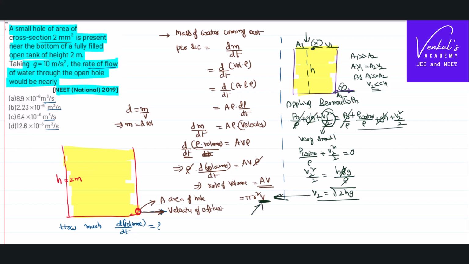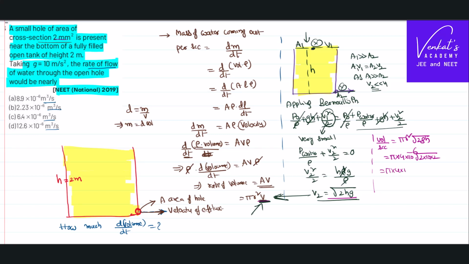Now, I can come to the data. So, rate of flow, volume per second, is pi r square into V, which is root 2 gH. So, pi, radius is given as 2 millimeter, 2 square is 4, millimeter square is 10 power minus 6, 2 g into 10, H is also 10.